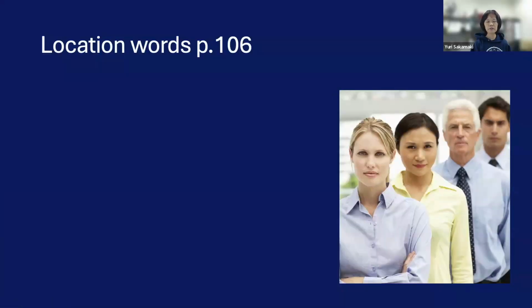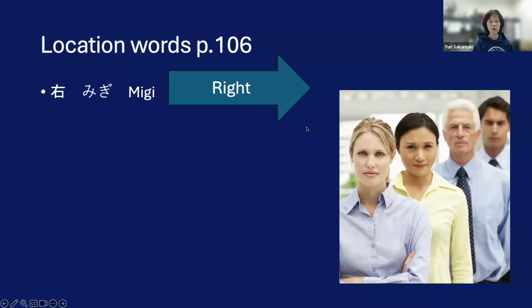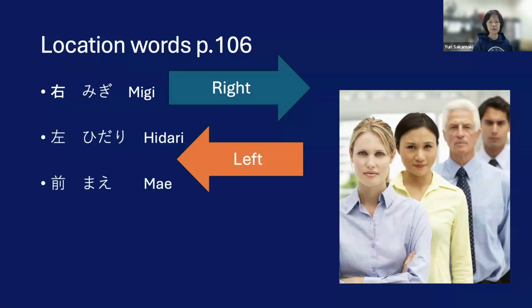So this is even before the grammar points, but on page 106, we have a few locational words. And I believe that you already went over these, but let's go over these again. So the word right, 右. And what was the opposite? 左. So that will be left.